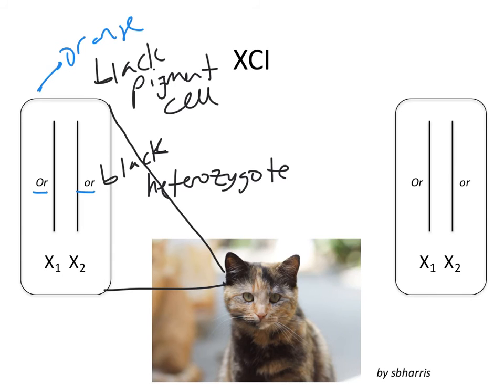Which of these two X chromosomes would have been inactivated in that part of that female cat? X1 or X2, if it's producing black pigment? Right. X1 became Xi, the inactive X.